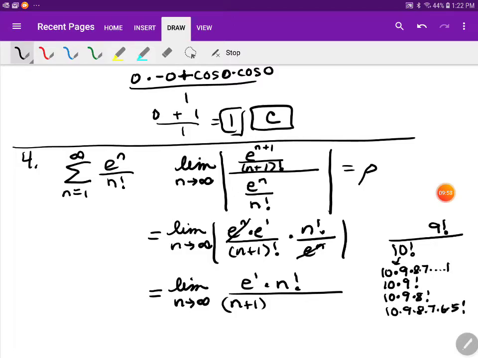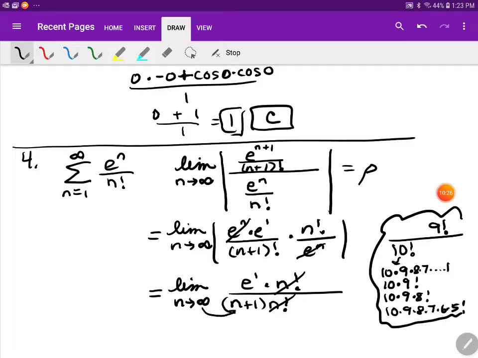You just keep lowering by 1 until you want to stop. Okay, so these are choices that you have. So for ours, n plus 1, minus 1 would just be n. And then minus 1 would be n minus 1, and then minus 1 would be n minus 2. But I like that it's going to cancel with the numerator, so we're going to stop at n factorial. And then those cancel. Everything's positive, so I don't really need the bars anymore.